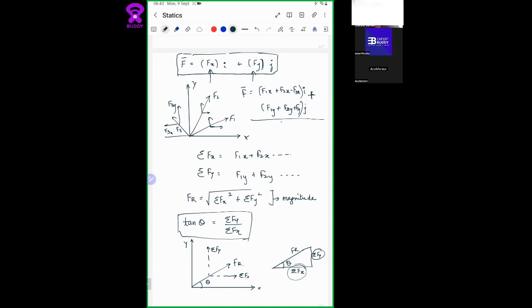You can compute it as theta equals tan inverse of that. I hope it's clear now.